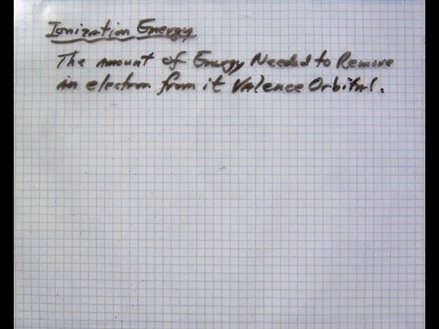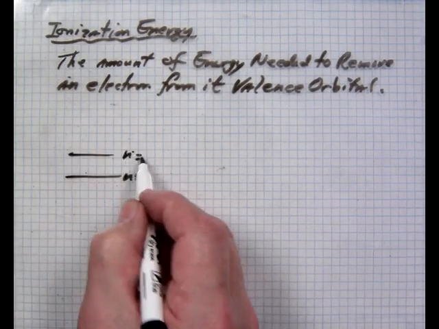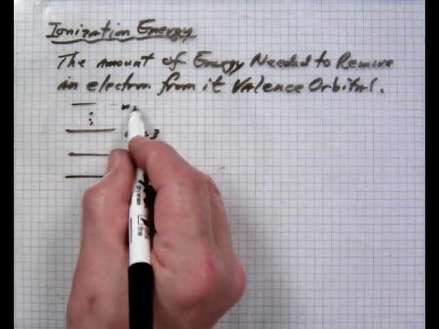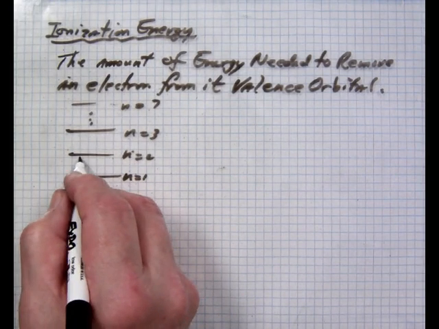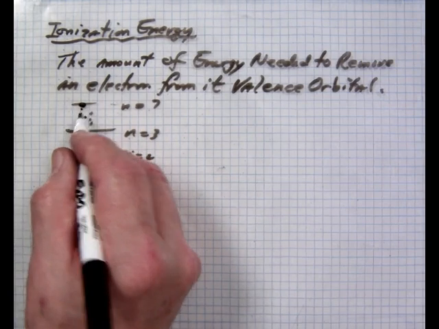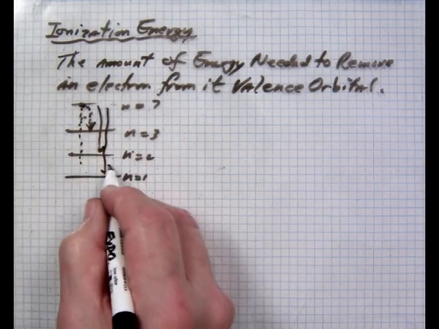Now I want you to understand that's a lot of energy compared to other energies the electron has. We talked about the Bohr model of the atom in which you had n equal 1, then n equal 2 and n equal 3 and on up to n equal 7. And I said electrons can jump out by absorbing energy, and they go up to a level, and then they fall back down and give off this energy.